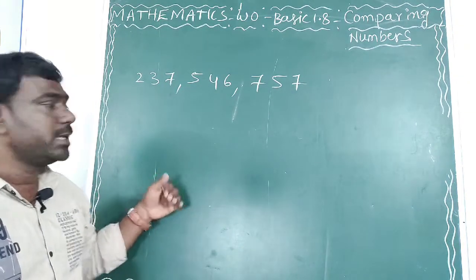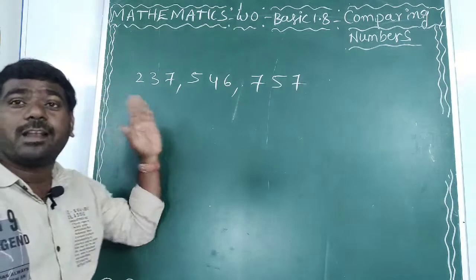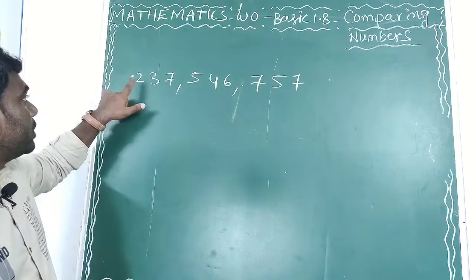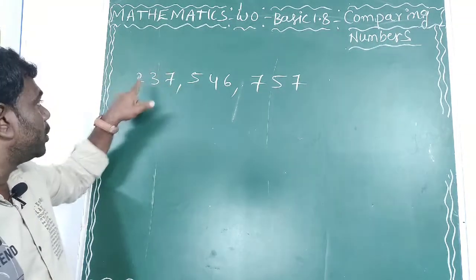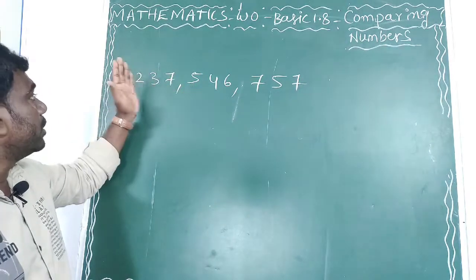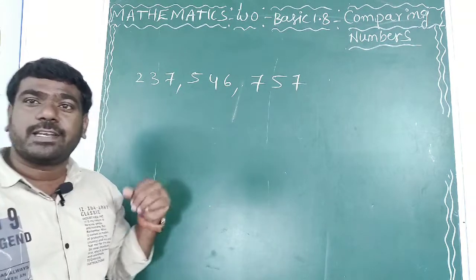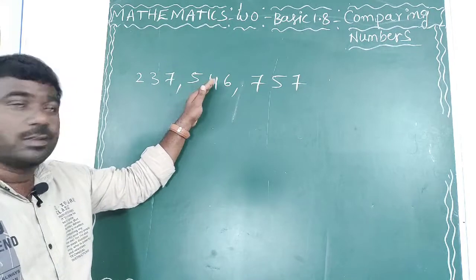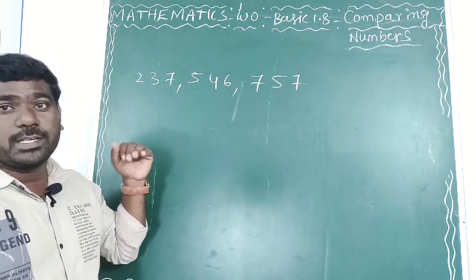Here 2, here 5. In these 2 and 5, which one is greater and which one is smaller? Yes, 5 is greater, 2 is smaller.